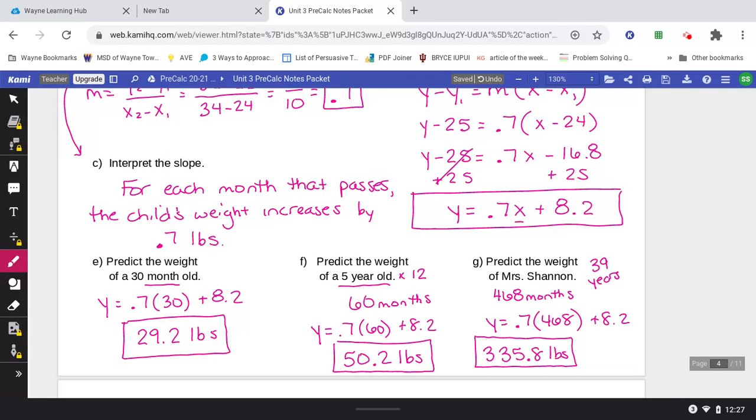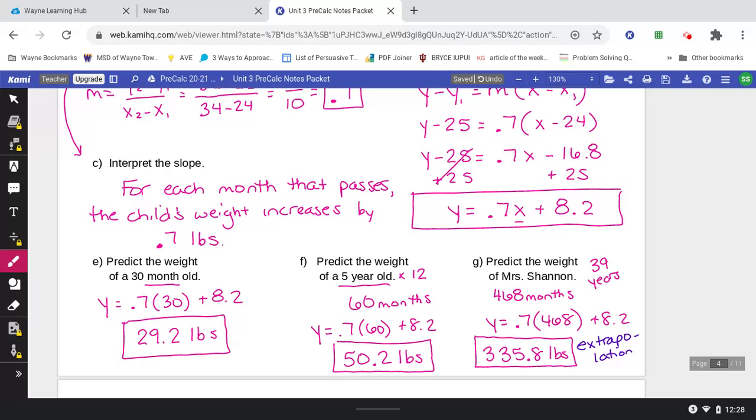So what happens here when you're dealing with scatter plots? Okay, this is an example of something called extrapolation. Extrapolation. Sorry, I couldn't fit it all in there. We'll learn more about that a little bit later. But what happens is this graph is only talking about children. Children are supposed to keep gaining weight.